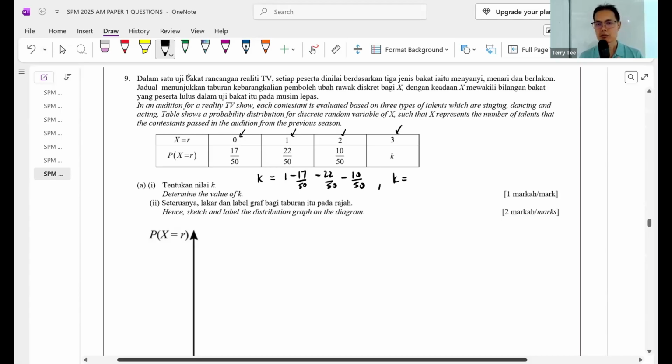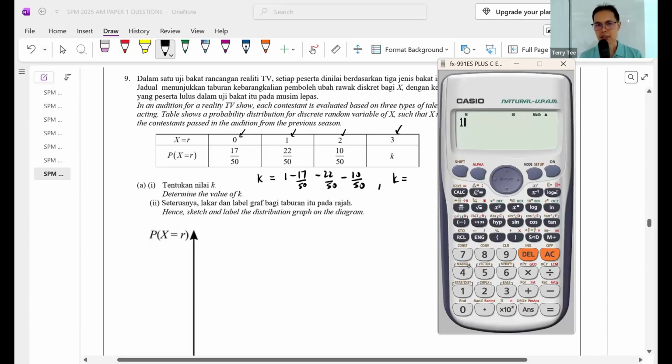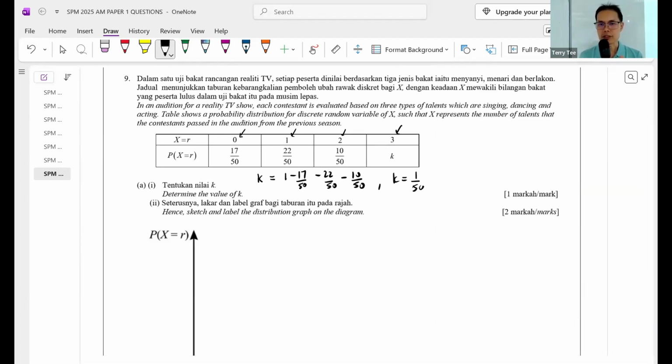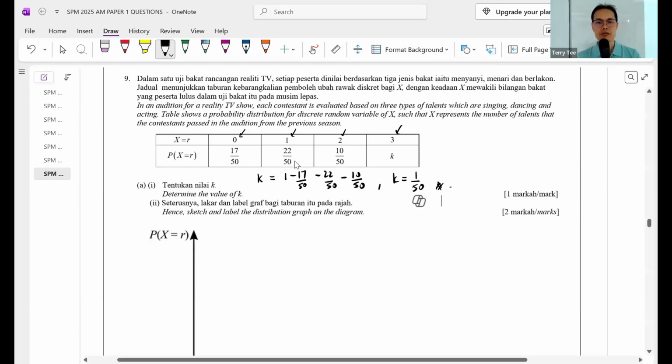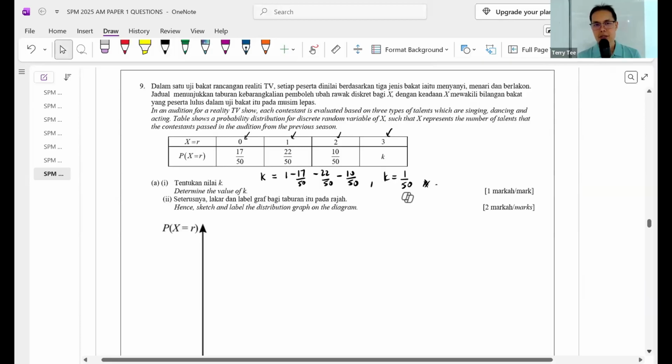All right, so in fact, you can just take 17 plus 22 plus 10. They make it quite easy because the denominators are already the same, right? So as I do 1 minus 49 over 50, I get 1 over 50. So k is a very small value, 1 over 50, right?